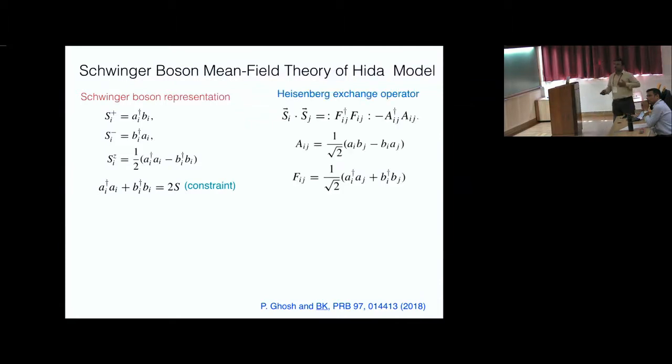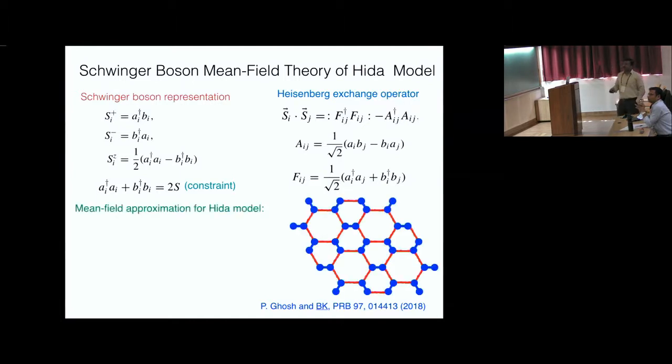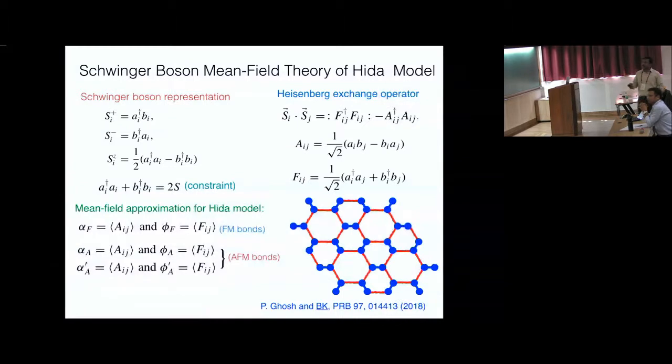So we use the Schwinger boson representation to describe the spins, and this is very standard. Then the exchange operator in this language can be written as a sum of some pairing operators A and some hopping kind of operator F. And then we apply a mean field approximation, which is actually quite simple.